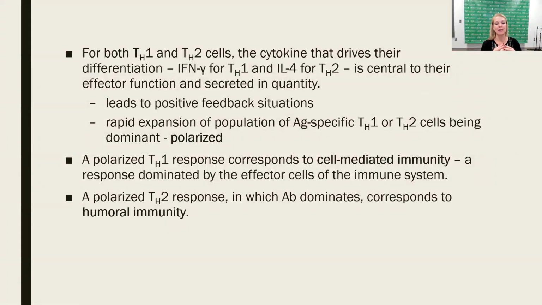And so you see antibody being the dominant effector protein here. And so this is called humoral immunity. So we have these two arms of the immune system, the cell-mediated and the humoral. Cell-mediated is going to be T cell driven. Humoral is going to be antibody driven.